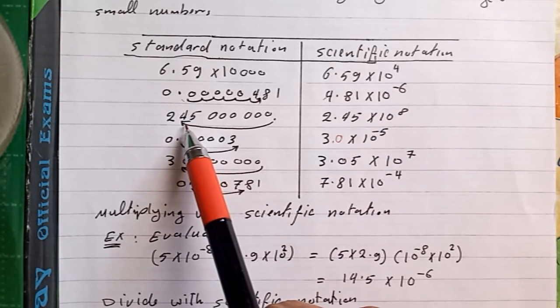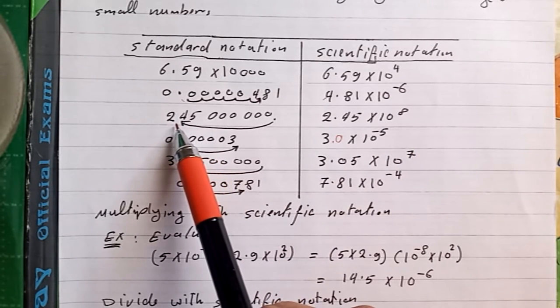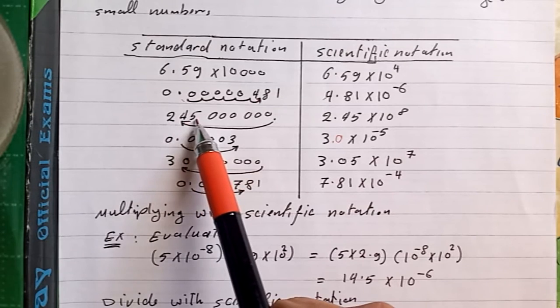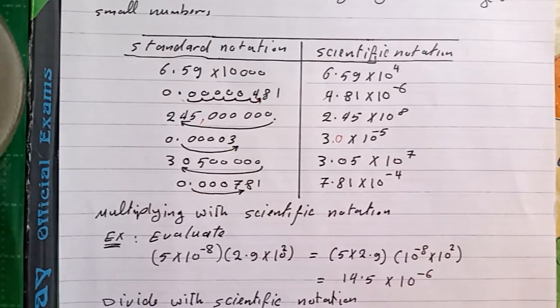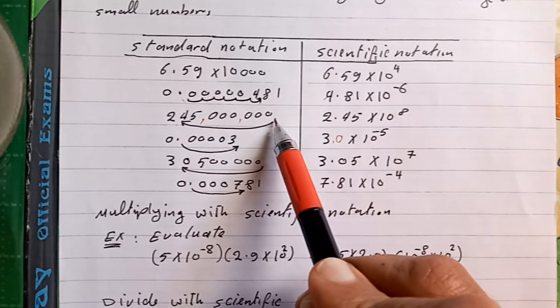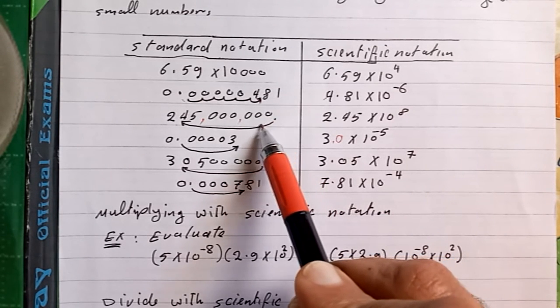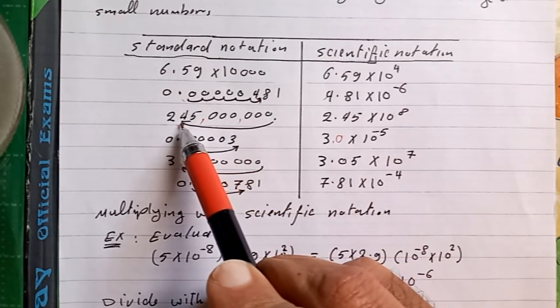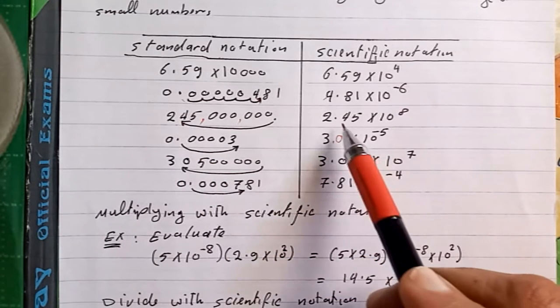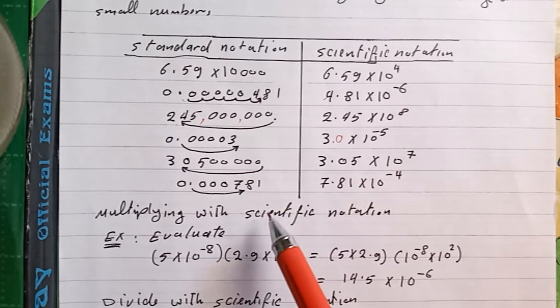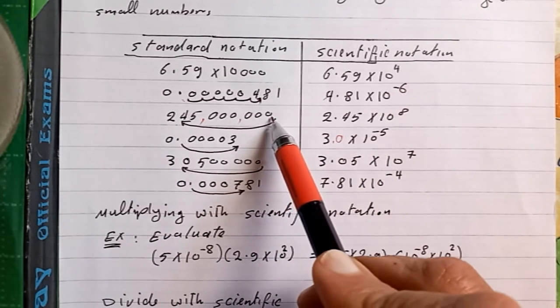And for this one, this number is 245 million. I will consider the decimal point is here, and then move it up to here. It will be 2.45. But how many places? 8 places.